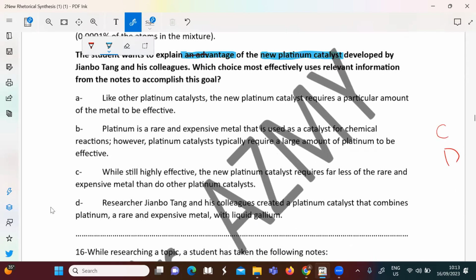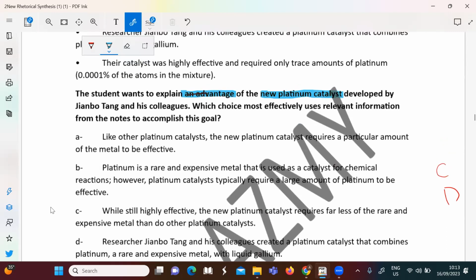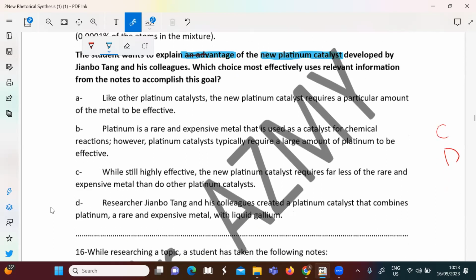Okay. You chose C, and some people chose D. What's the difference?